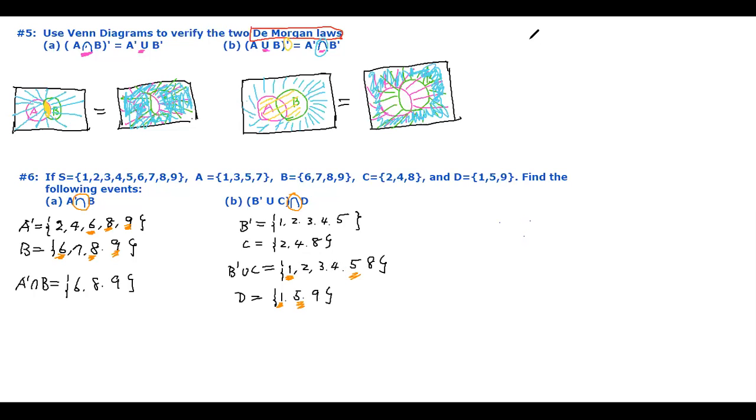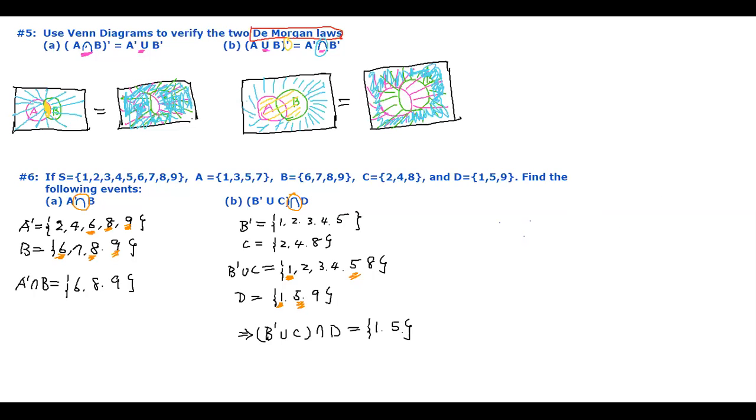So my final answer, B prime union C intersect D, is equal to 1 and 5, right? Okay, so these are pretty simple examples. I hope you got it right, and this gives you a very basic idea of how event operations work.